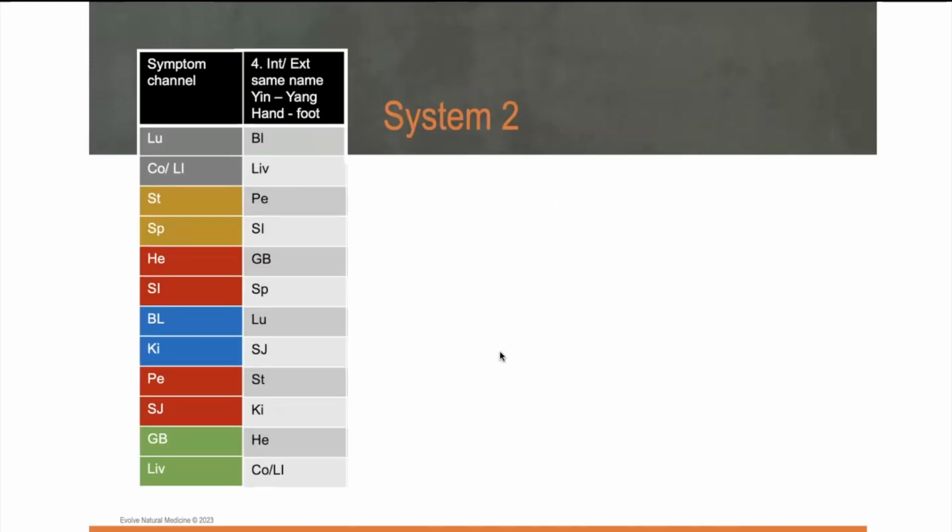All right, when we're looking at system 2, we're looking at the internal, external, same name, yin to yang, hand to foot. So in the case of this first one, lung Tai Yin, bladder foot Tai Yang, we're looking at the internal, external, same name.